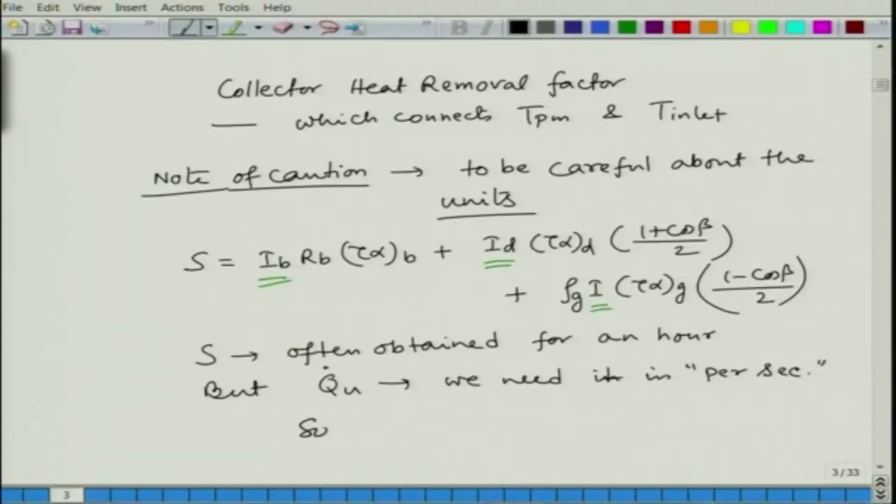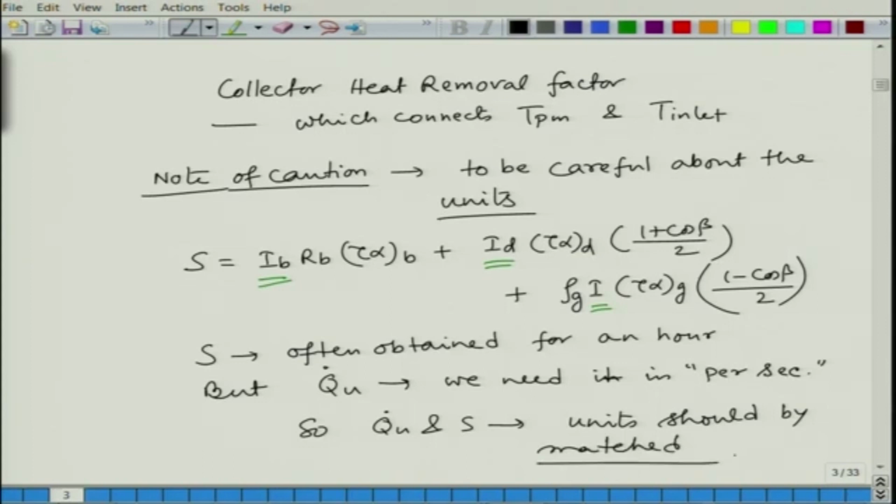So, the units of Qu and S should be matched. This is a very common point of mistake that I notice from students when they approach problems on this particular formula. So, that is why I put this note of caution that please make sure that the units are matching.